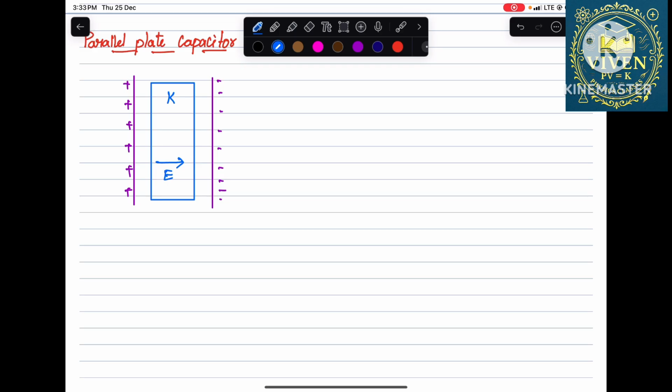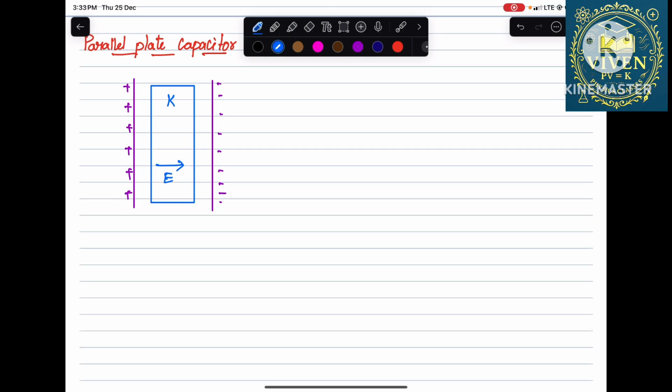Instead of wasting your time with the entire derivation, I'd like to make it clear that the capacitance of a capacitor when a dielectric is introduced between the parallel plates is given as C equal to epsilon naught A, previously it was D, now it is D by K. Epsilon naught A by D by K, where K is the dielectric constant.